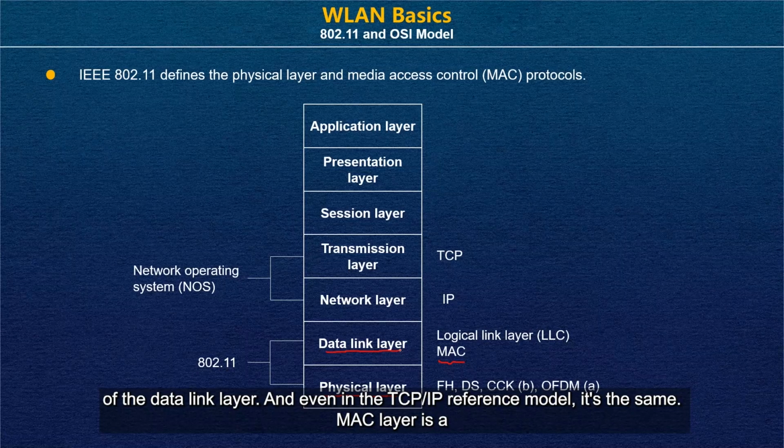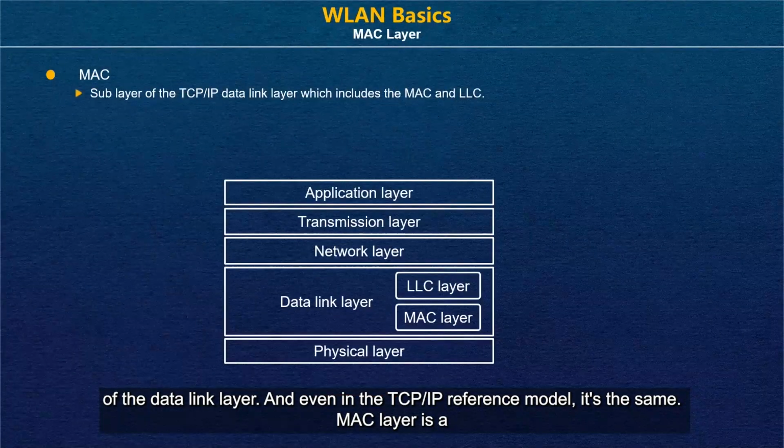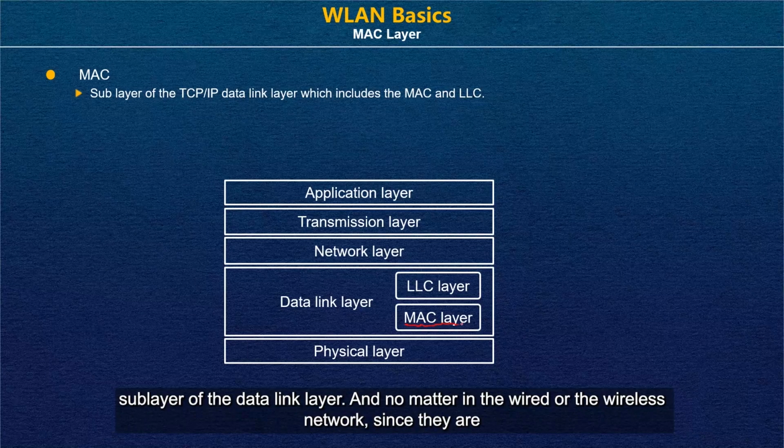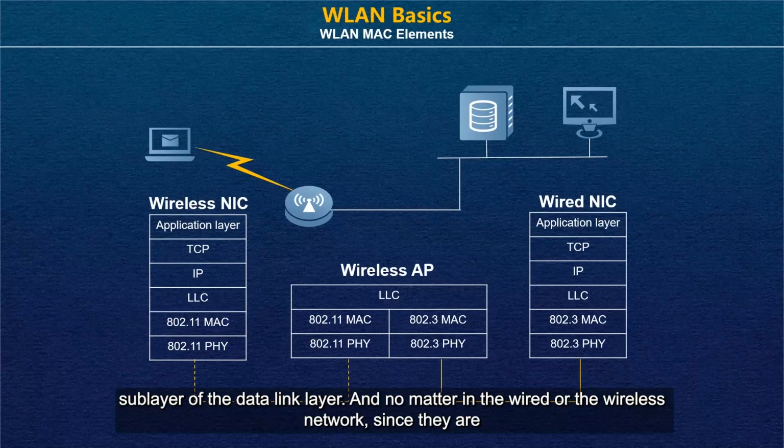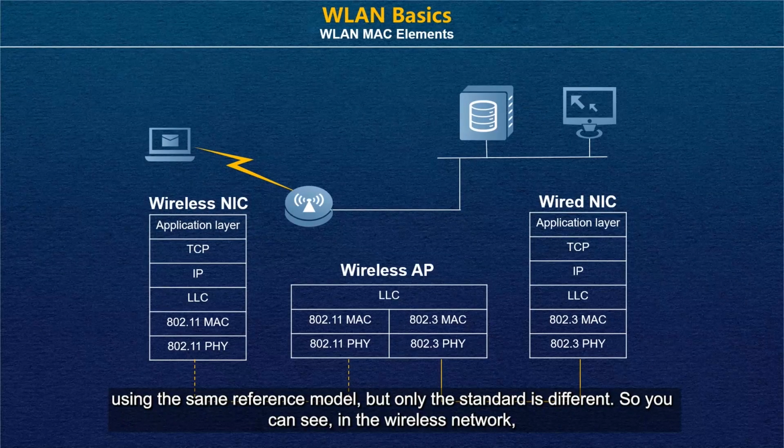And even in the TCP/IP reference model, it's the same. MAC layer is a sub-layer of the data link layer. And no matter in the wired or the wireless network, since they are using the same reference model, only the standard is different.